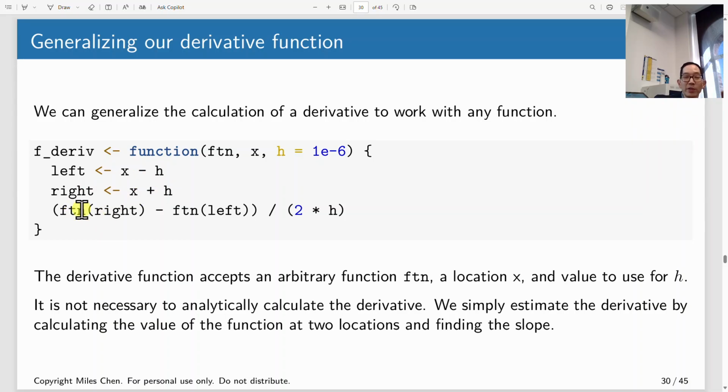Then I'm going to find the function on the right-hand side, the function on the left-hand side, take the difference between those two things, and divide by 2 times h. And this is going to give me an approximation of the derivative of the function at x, whatever the function is.